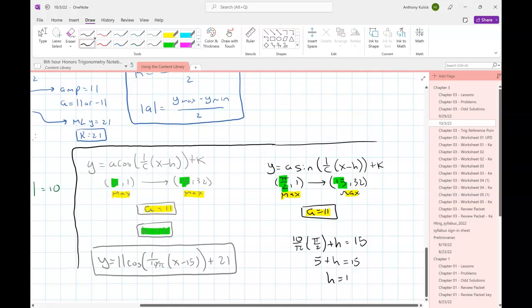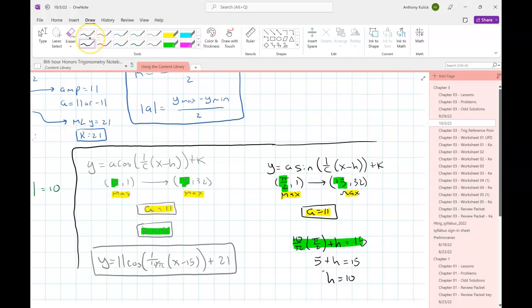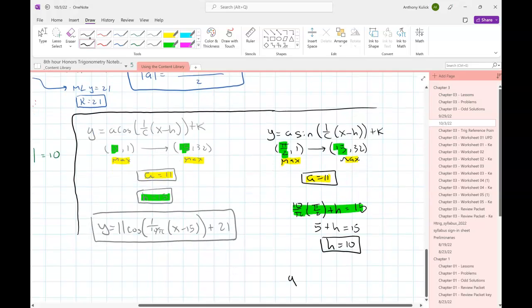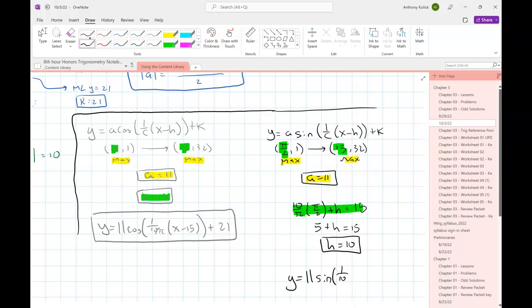So I get that H is 10. So not a lot more work, but like, I don't have to do it if I don't choose to do it. Unless the directions specifically call for me to give both, which is not the norm.